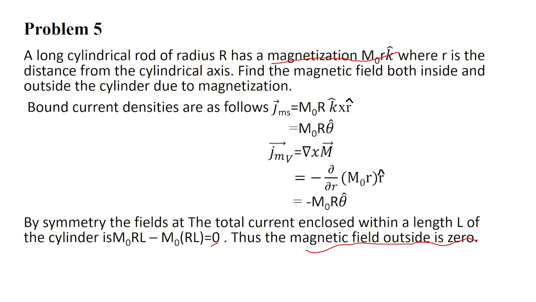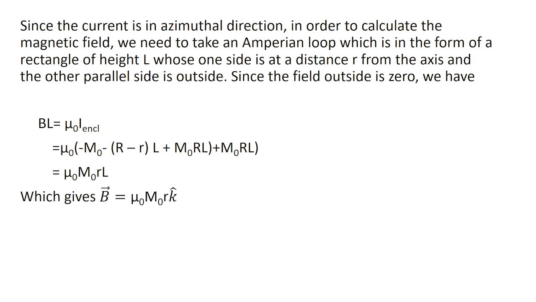Now we see how to find the field inside. Since the current is in the azimuthal direction, to calculate the magnetic field we need to take an Amperian loop in the form of a rectangle of height L, whose one side is at a distance r from the axis and the other parallel side is outside.